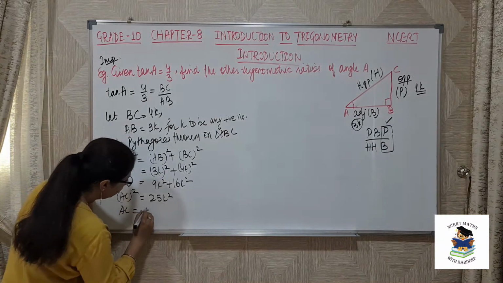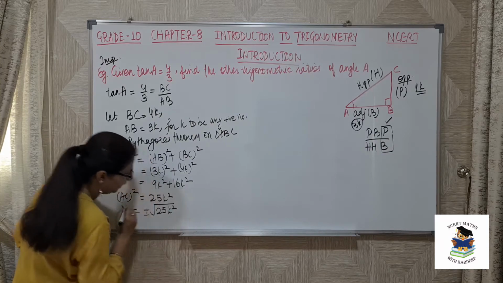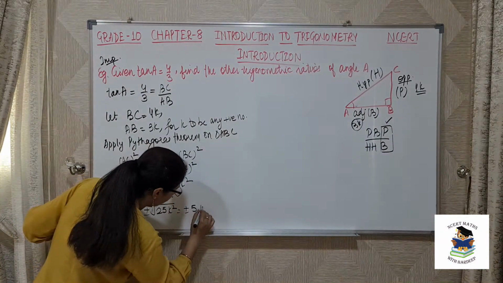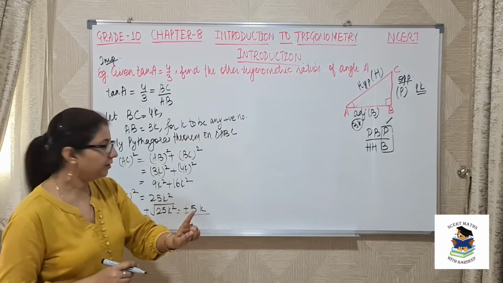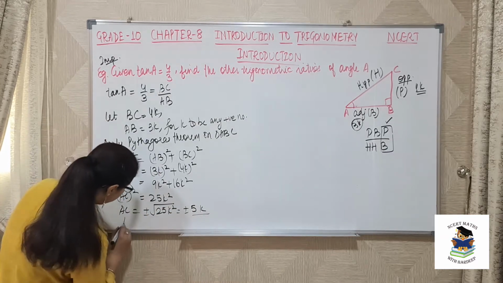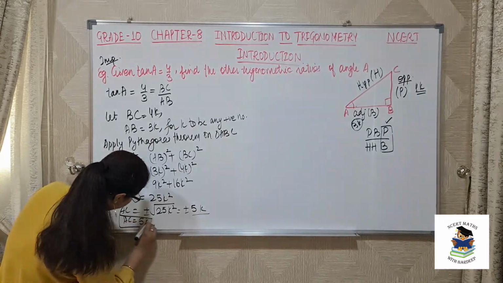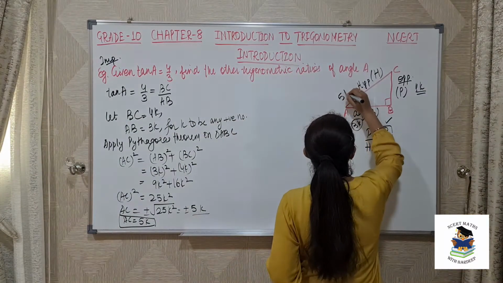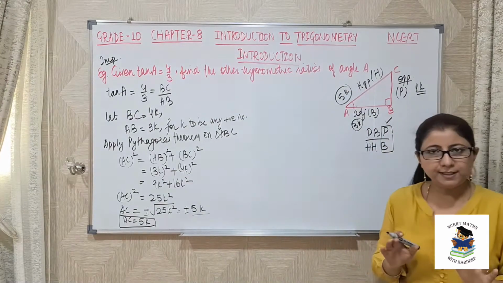This will be plus minus square root of 25k square, so this is plus minus 5k. But since we have taken k as a positive number, we will ignore minus 5k. So what is AC then? This should be 5k. Okay. So we get AC as 5k.